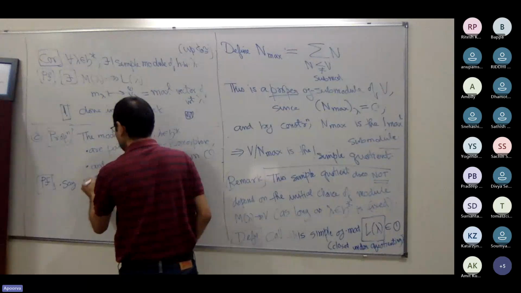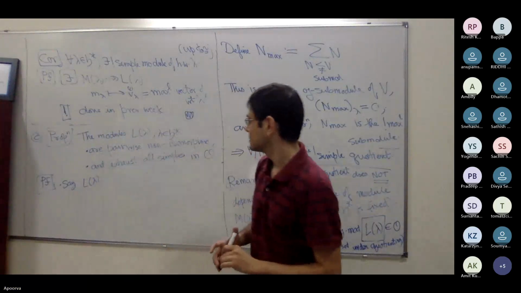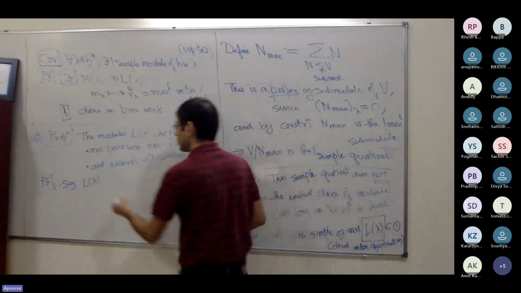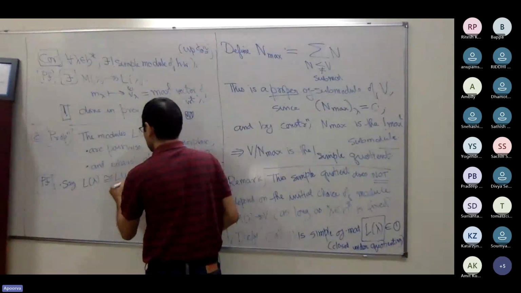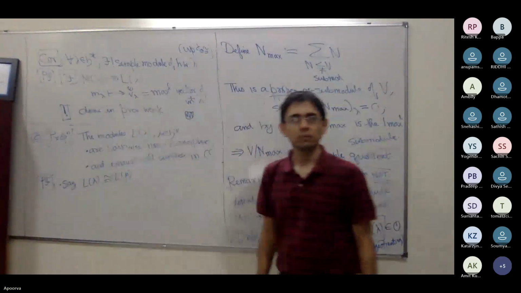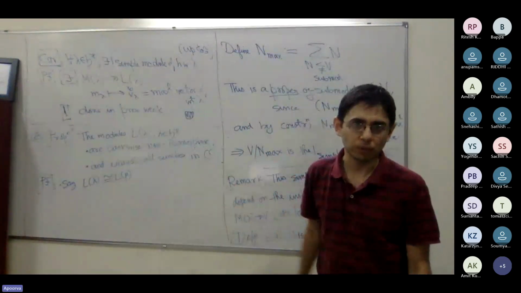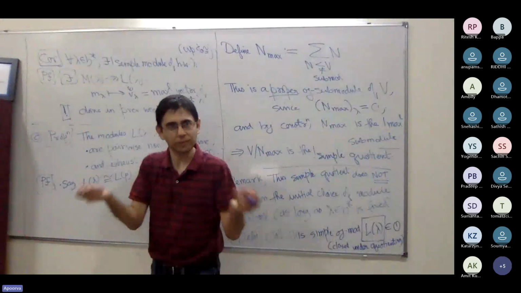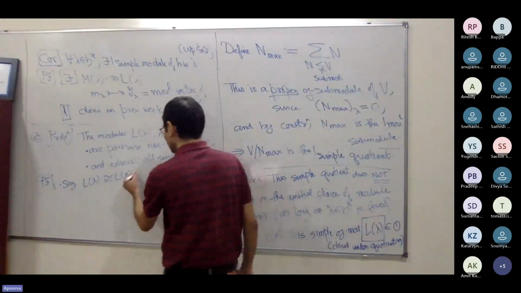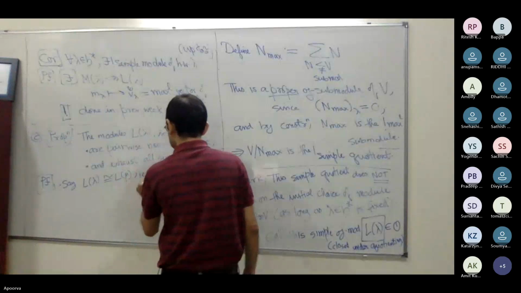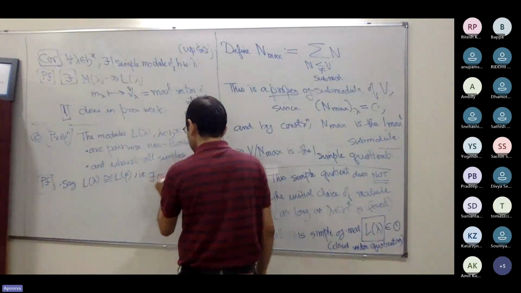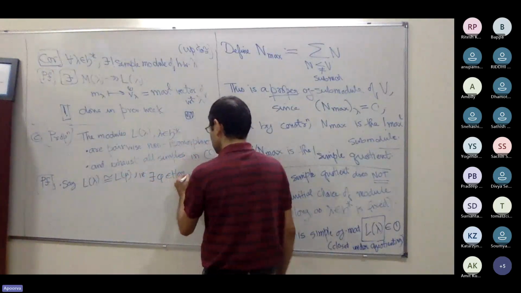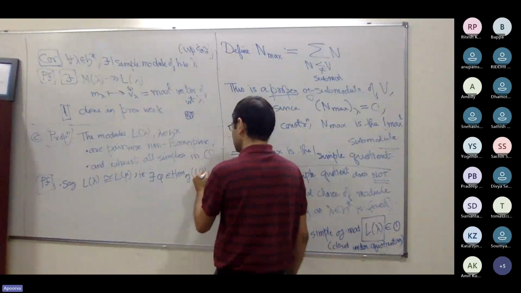So say L lambda is isomorphic to L mu. I will prove that lambda equals mu. What does this mean? Isomorphic means there is an isomorphism. Let's write down, i.e. there exists a phi in Hom_g(L lambda, L mu).